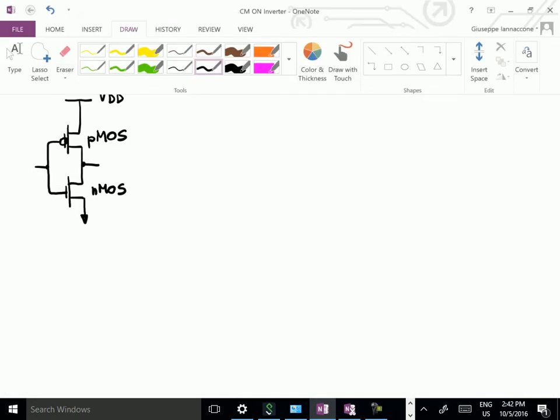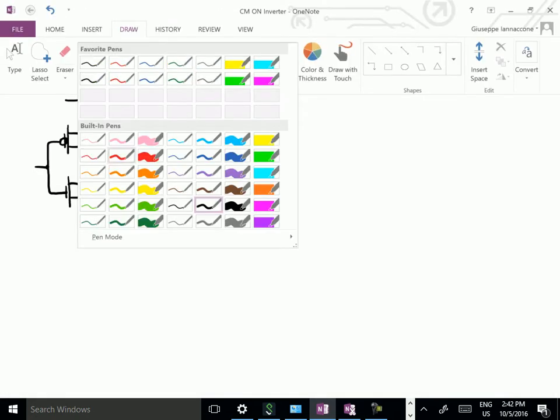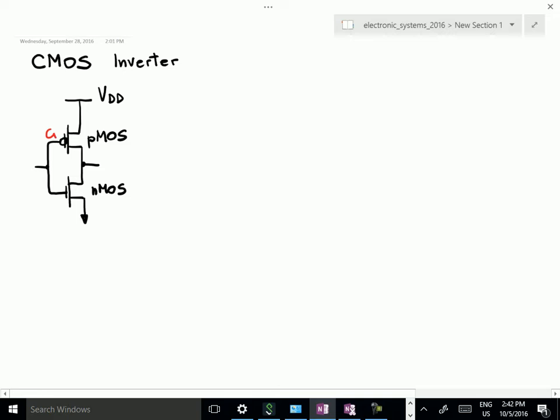So just to clarify, this is the gate of the NMOS and of the PMOS. These are the drains of the PMOS and of the NMOS, and these are the two source terminals.